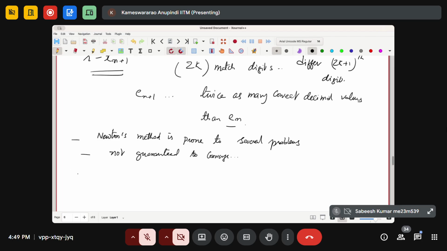We will see under what conditions or circumstances this will not converge. As a result, Newton's method is always used in conjunction with the bisection method.